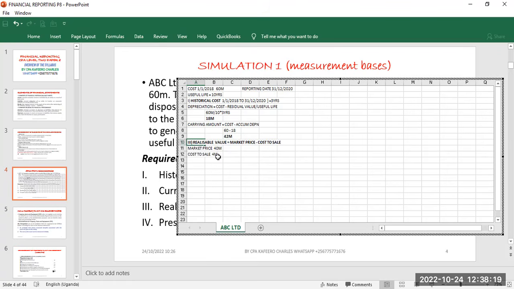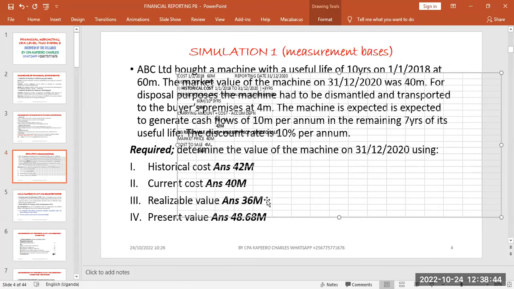When you get this minus this, of course you'll get our realizable value, and the value here is going to be 36 million. When you check from here, I gave it to you as 36 million.